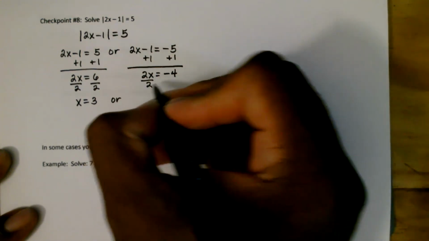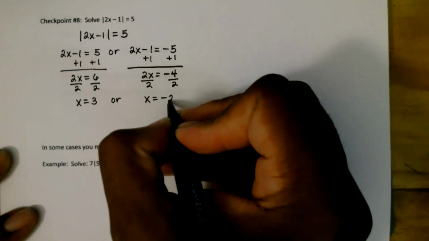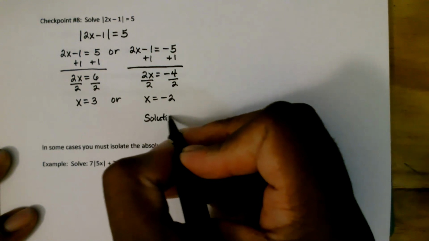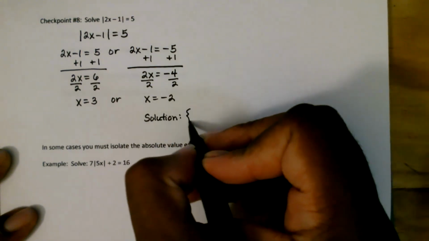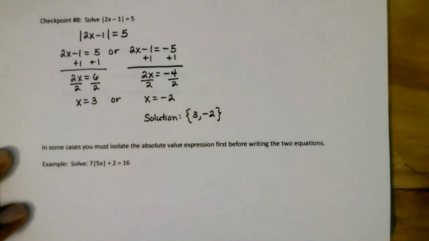And then divide both sides by 2. x is equal to negative 2. So the solution there will be 3 and negative 2.